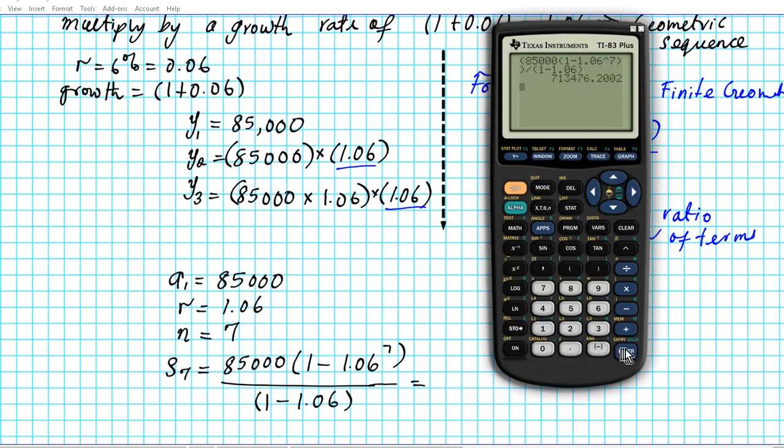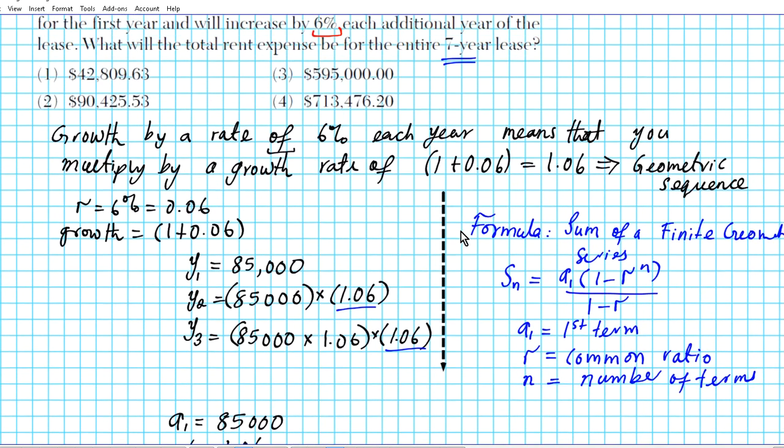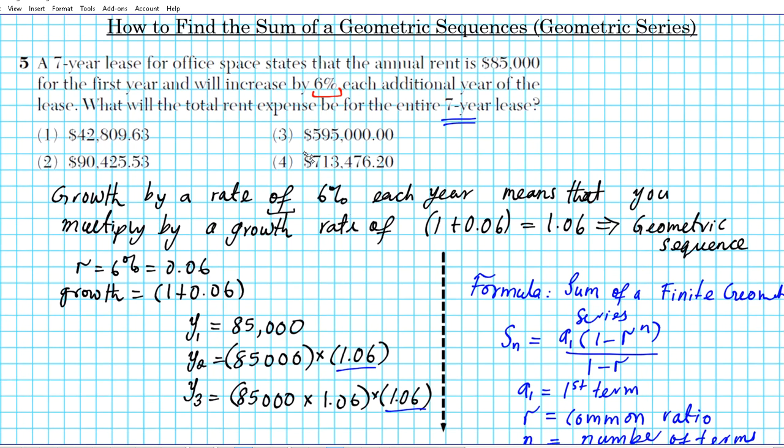Hit enter, and then you get 713,476.20. So the amount is going to be 713,476.20. That, ladies and gentlemen, is the final answer. So the answer to question number 5 is option number 4.